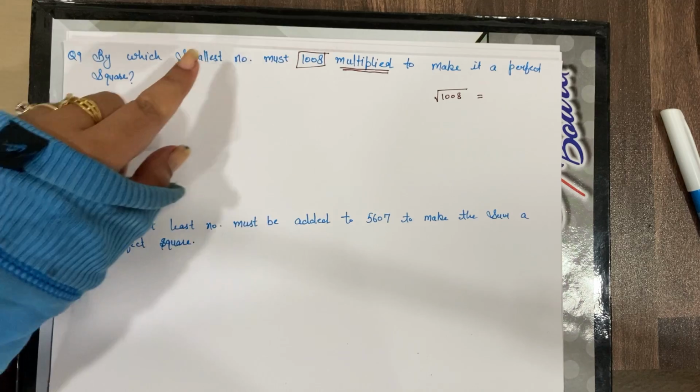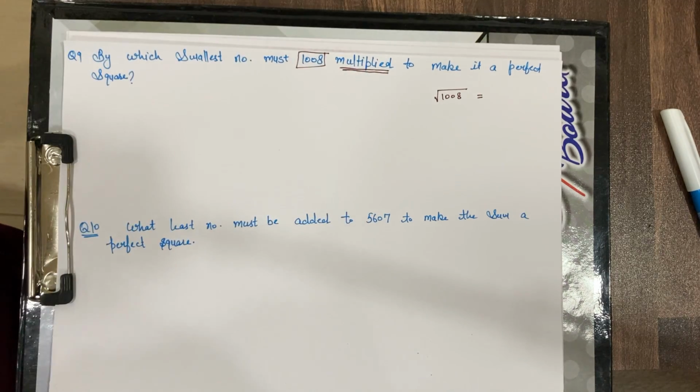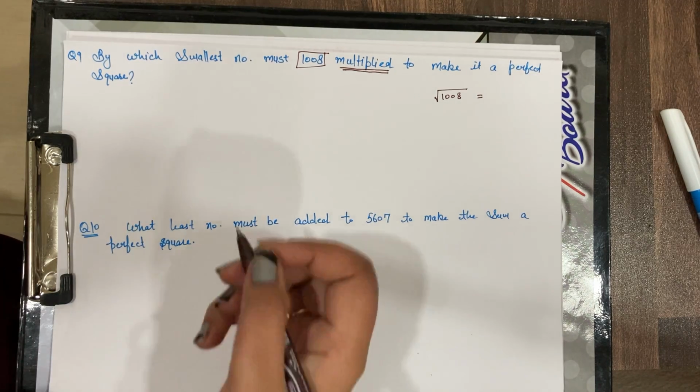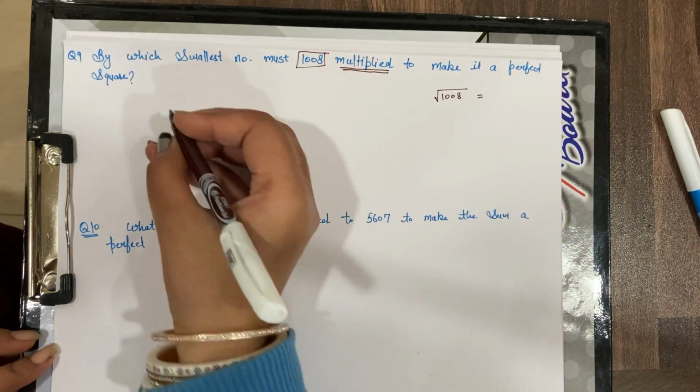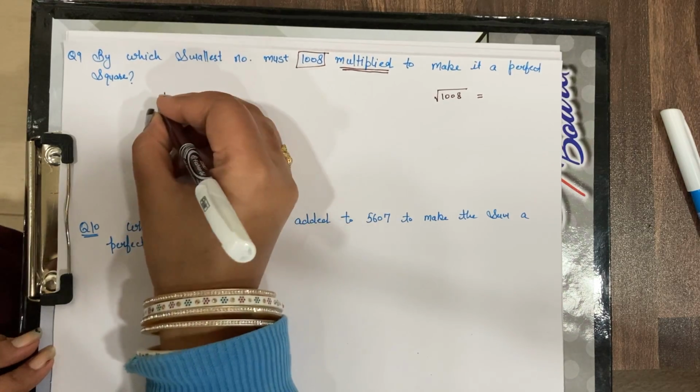If the question is related to what should be multiplied or what should be divided, then we will be using the concept of prime factorization. So let us start. First of all, we have to prime factorize 1008.